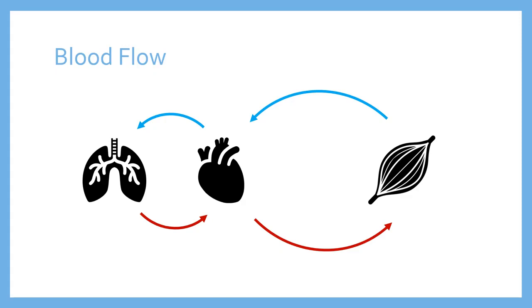Any blood vessels, let me be more specific, any blood vessels that are moving away from the heart are referred to as arteries. So it may or may not be the case that the arteries are carrying oxygenated or deoxygenated blood. Usually, since the vast majority of arteries are going from the heart to the body, the vast majority of arteries do in fact carry oxygenated blood.